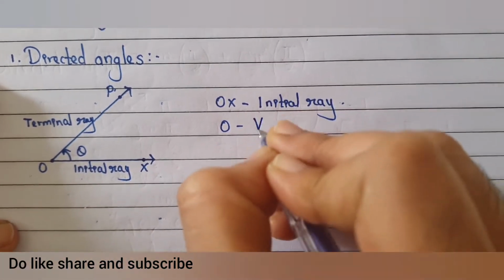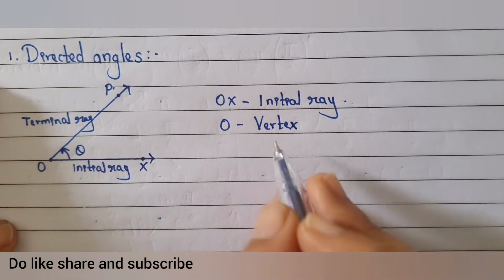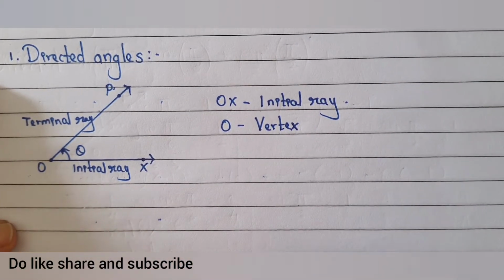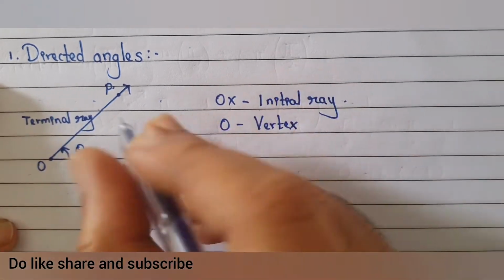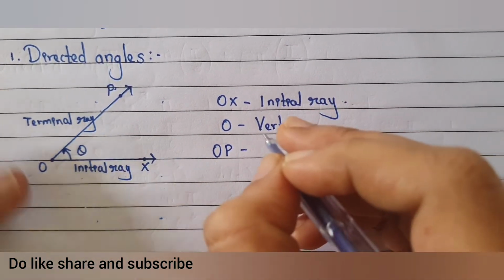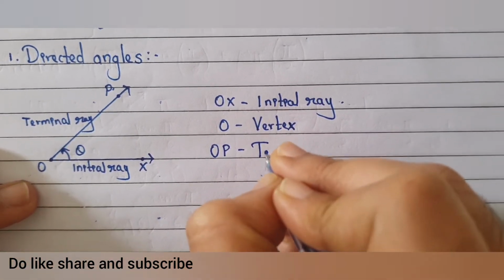O is the vertex, the point of reference at which this angle is made, and this OP is our final position of ray, that is called terminal ray.